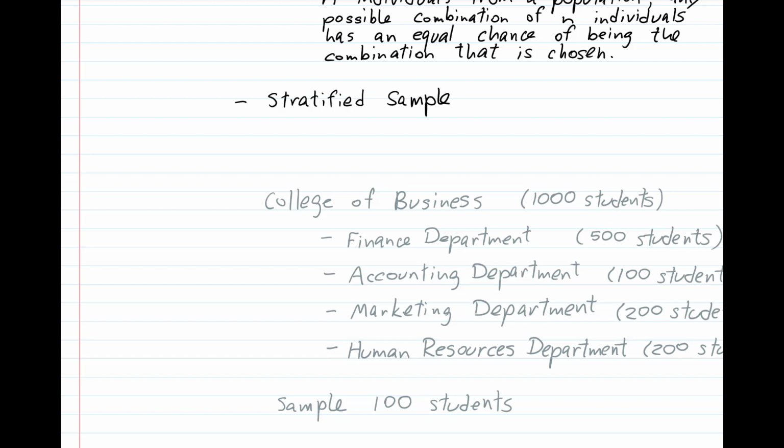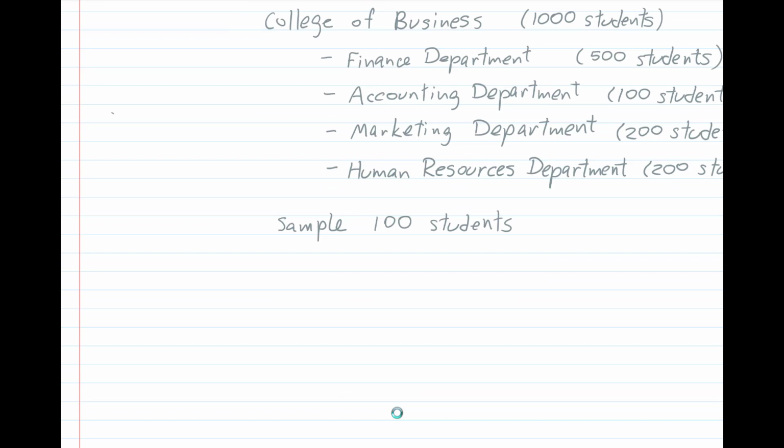So what you would do in that case, instead of doing a simple random sample and randomly choosing 100 students from the college, what you could do is you could choose, okay, 100 out of 1,000. How much is that? That's 1/10, correct? Okay, let me ask you this question.